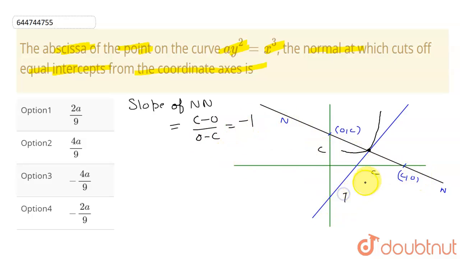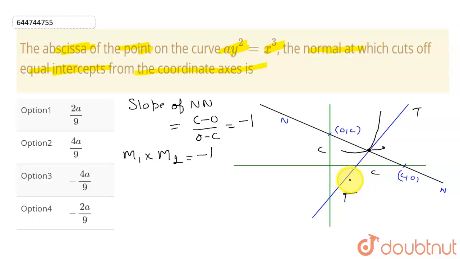So the slope of this tangent, say T, will be what? As these two lines are perpendicular to each other, the product of their slopes should be minus 1. The slope of this normal is minus 1, so the slope of this tangent is 1. So at this point, the slope of the tangent is equal to 1.